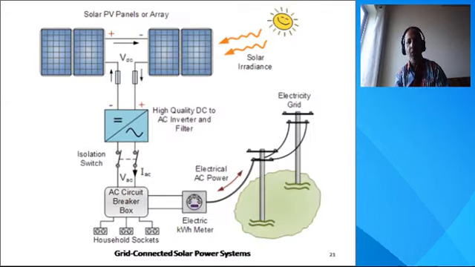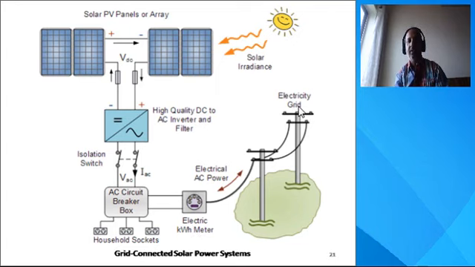We can see one more diagram here. The panels are there, then the isolation, DC-AC inverter and the filter circuit, household sockets, electric meter, and electric grid.